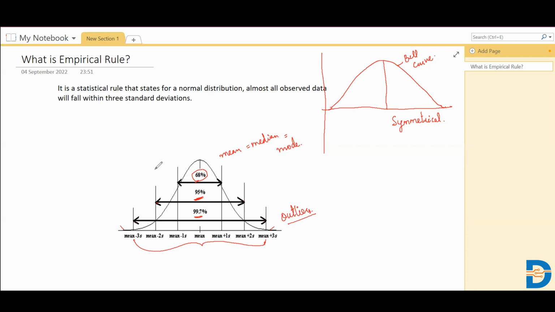So this is what the empirical rule states: almost all data will fall within 3 standard deviations. I hope this is clear. This is an important property of the normal distribution. When you have data which follows a normal distribution, it follows the empirical rule.